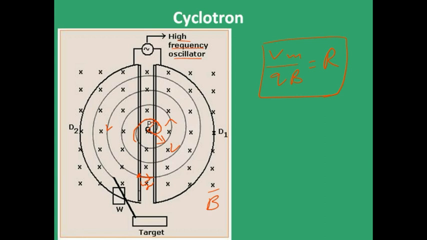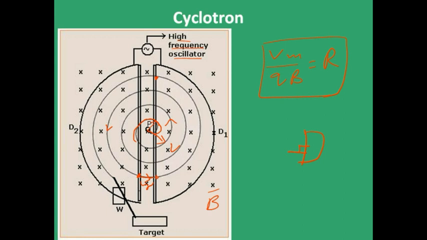Hence, the subsequent motion from here to here is a part of a circle. It's not necessary that it should be a semicircle. It will be a semicircle when the particle enters perpendicular to this D, I mean, if this is 90 degrees, then it will be a semicircle. However, that's not so important.